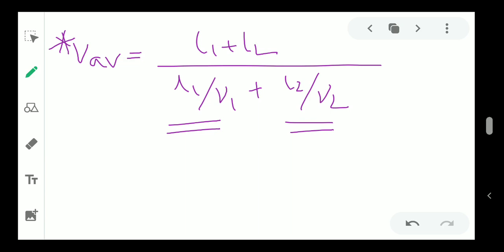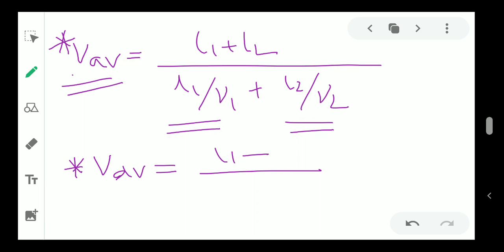What was my general formula? This is my general formula, but whenever I am finding v average for some scenario where my t1 and t2 are the same, let's say the case where t1 is equal to t2, what is going to happen?